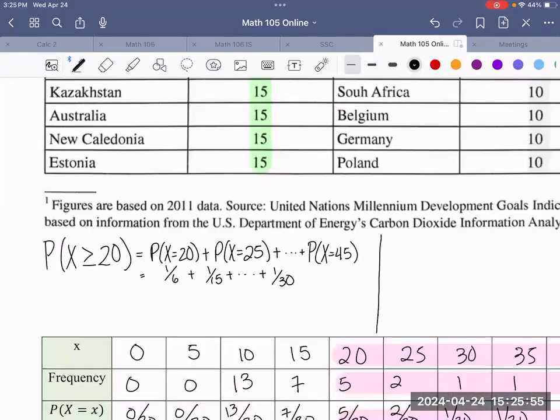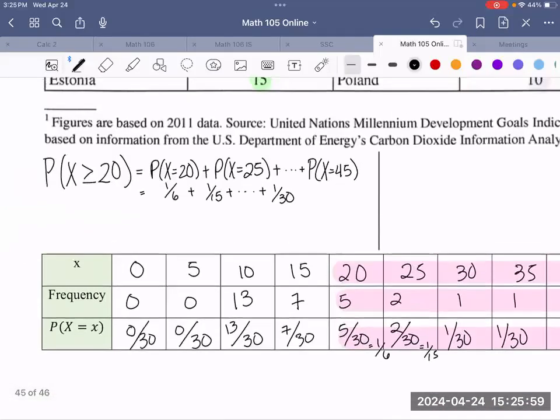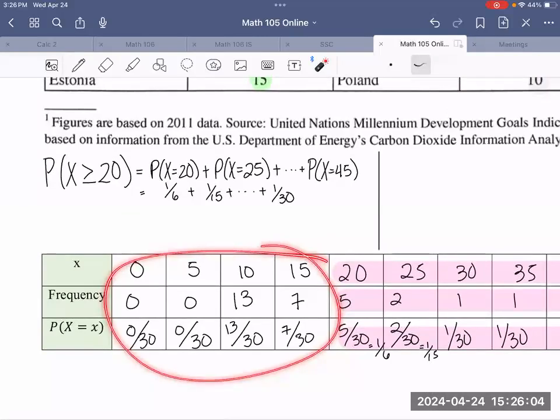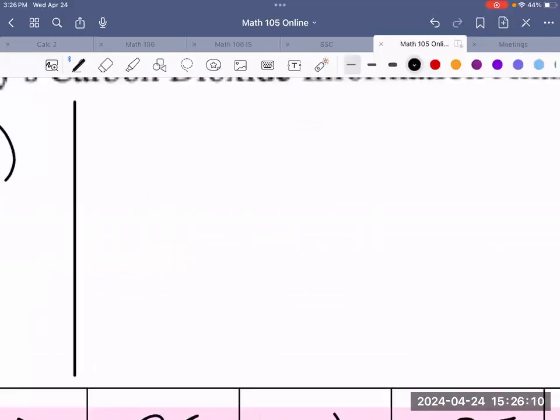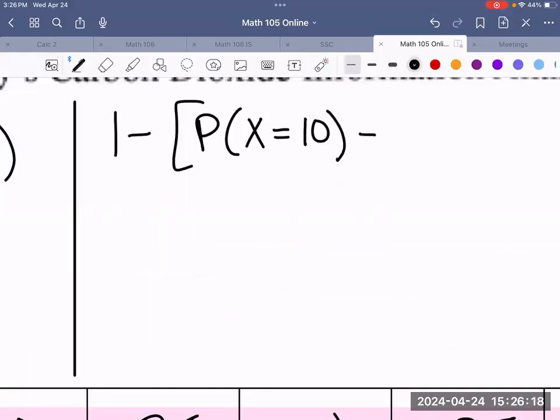Or what might be a little easier is to negate that fact. Notice that there's only 3, actually, well, there's 4 in total. There's only 3 that have meaning that we can just subtract out. So we could do 1 minus the probability of those who emit 10 plus the probability of those who emit 15 metric tons.